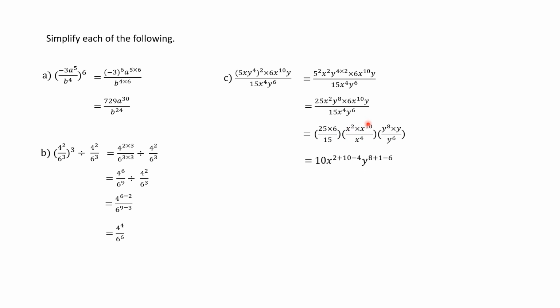So 2 plus 10 minus 4. And for the base of y, for the multiplication between the same base, the power you can add up. So 8 plus 1, and divide meaning that you minus the power, minus 6. And you simplify it. This equals 10 x to the power of 8 and y to the power of 3.